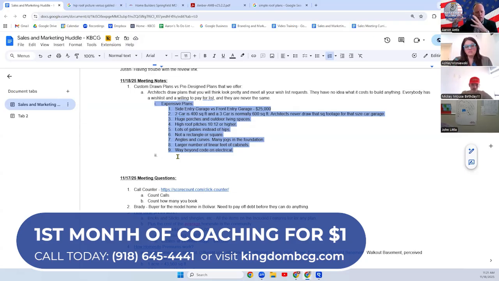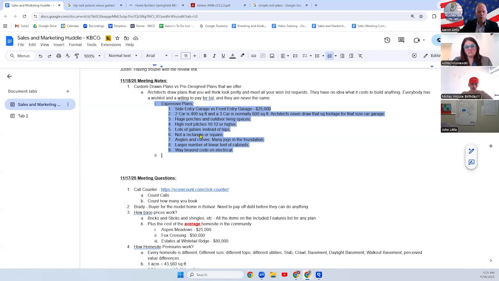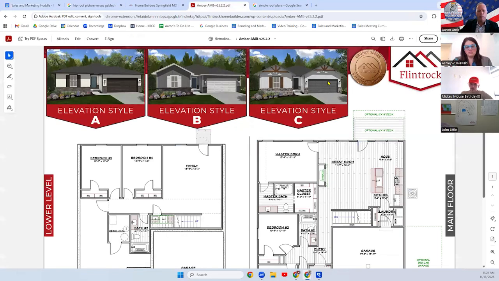You get into a bunch of different gables across the front of the home, right? I'll go back to this example. Which one is more appealing to the eye, A, B, or C? C, right? But the roof is more complex. It's not that much more complex, but it is more complex and it's more expensive.